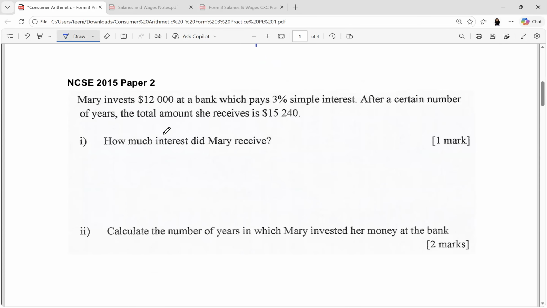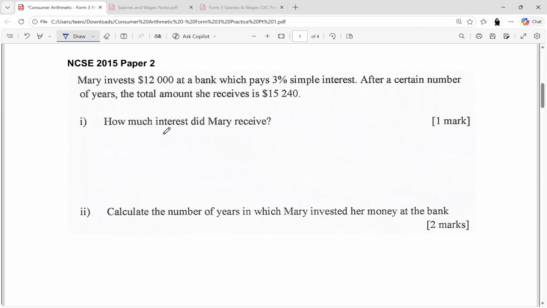Okay, so Mary invests 12,000 at a bank, which pays 3% simple interest. After a certain number of years, the total amount of money she receives is $15,240. So she invested 12,000 and received 15,240 after her investment.